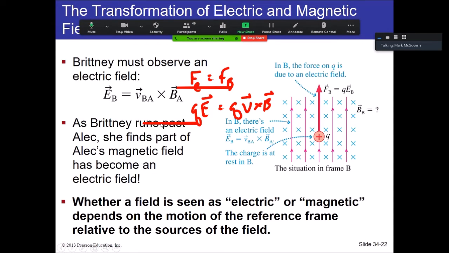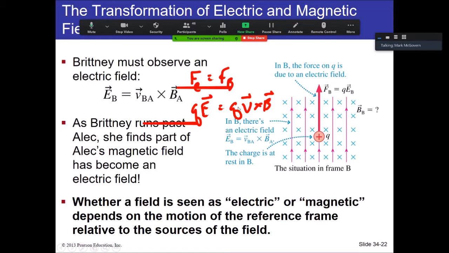So this is a pretty wild relationship, because what it says is that when reference frame B moves with respect to A, and there is a pre-established magnetic field, that will actually create an electric field in the moving frame that is responsible for this force.